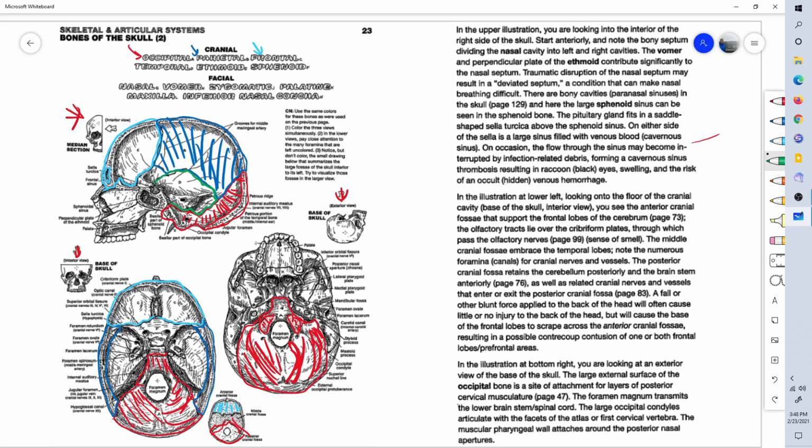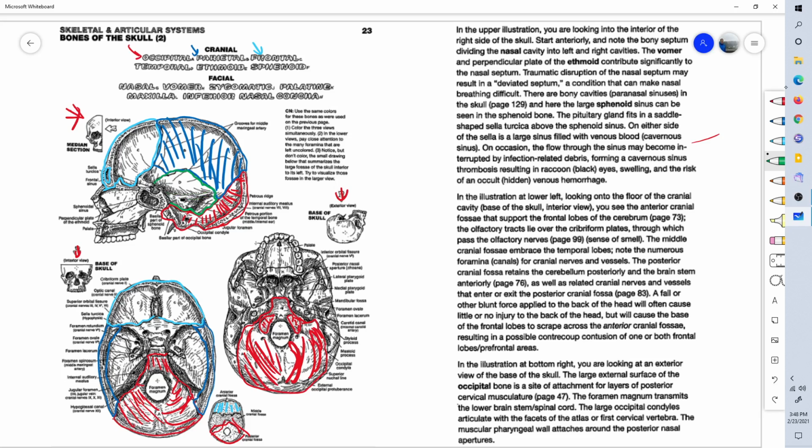And you can see here the zygomatic arch of the temporal bone. Or excuse me, you would not be able to see the zygomatic arch from this view. You would see that from the outer view.